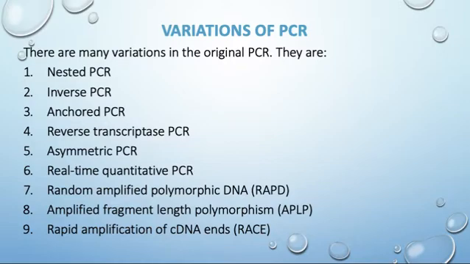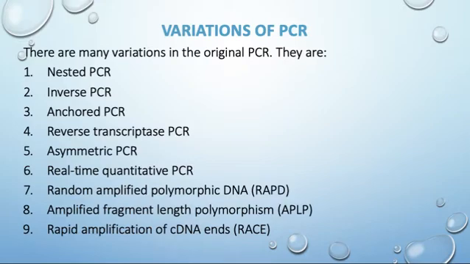You have the nested PCR, the inverse PCR, the anchored PCR, the reverse transcriptase PCR, asymmetric PCR, then the real-time quantitative PCR, then the random amplified polymorphic DNA, that is RAPD, then the amplified fragment length polymorphism, then the rapid amplification of cDNA ends, which we also call RACE. So these are the different variants of the PCR technique.